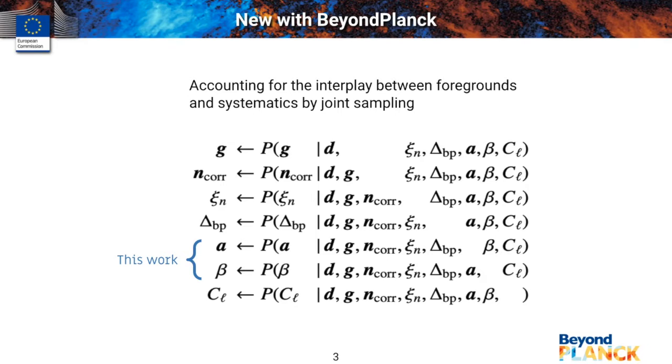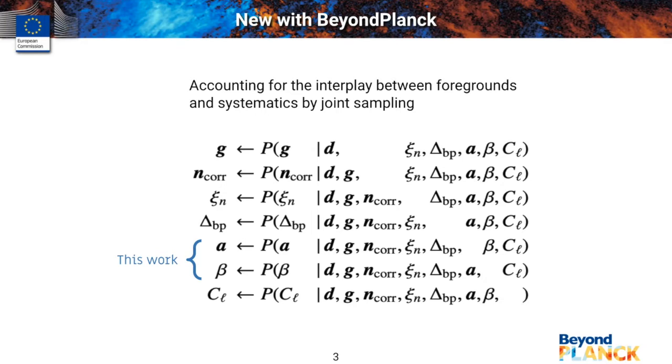So that's why we resort to the Gibbs sampling procedure that Matthew already talked to you about. And this is where we iteratively sample one part of the system while keeping the other parameters fixed. So after we repeat this for more than 1,000 samples, we get a completely unique representation of the full posterior and the interplay between the foregrounds and the systematics.